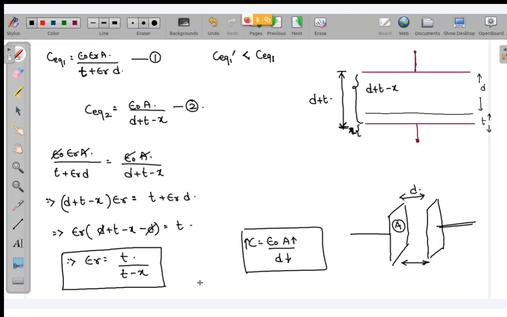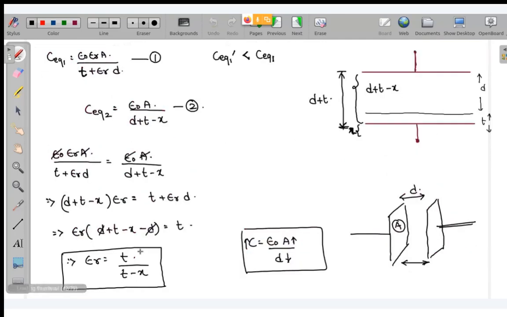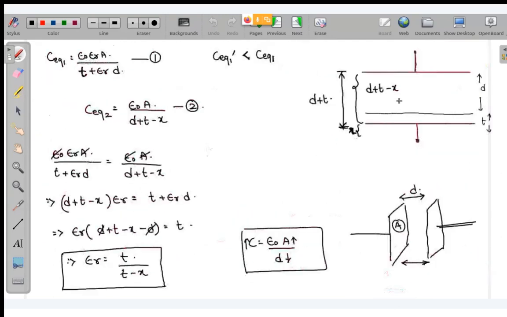We already know the value of this T. And this X we calculate with the help of this variable capacitance. So with the help of this bridge, Schering bridge, we can even calculate the relative permittivity of the medium. Tell me, is it clear?